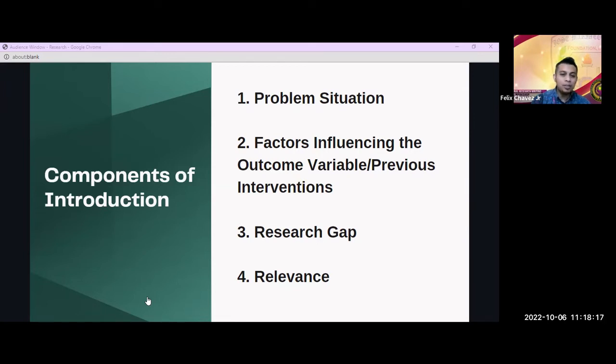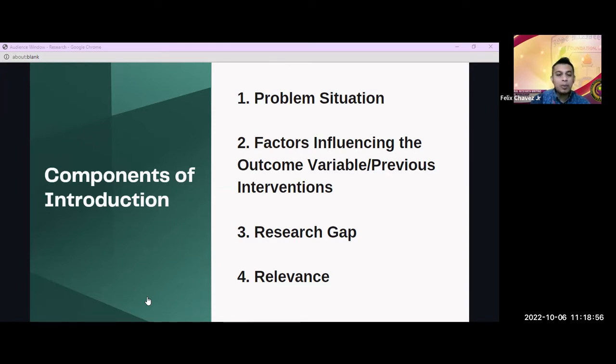Pag maganda yung introduction mo, it will really get the attention of the readers and at the same time the researchers, the scientists. Kung funding agency yan siya, the funding agency will actually give their budget or their money in order to fund your research because they like your study and the direction of your study, because the introduction also gives the direction or the expected outcomes of your study.